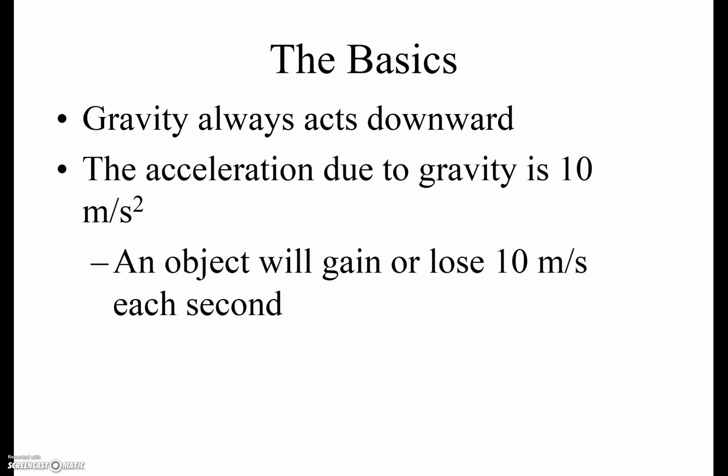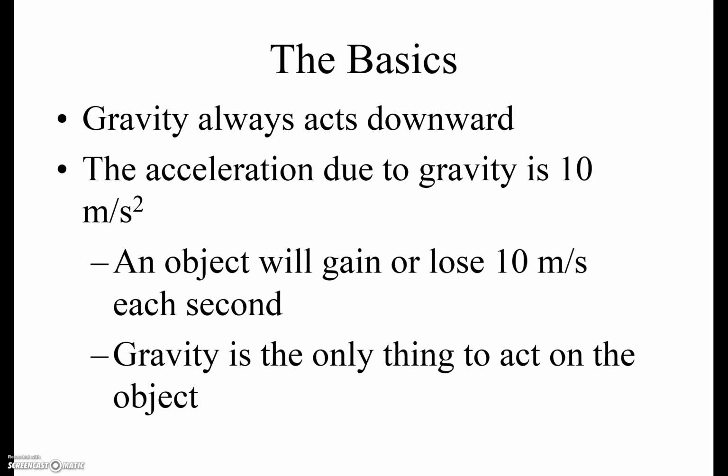That means that an object will gain or lose 10 meters per second every second. And gravity is the only thing that acts on objects as they go up and come back down.